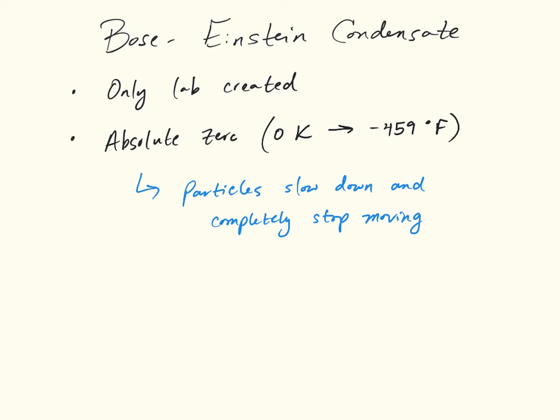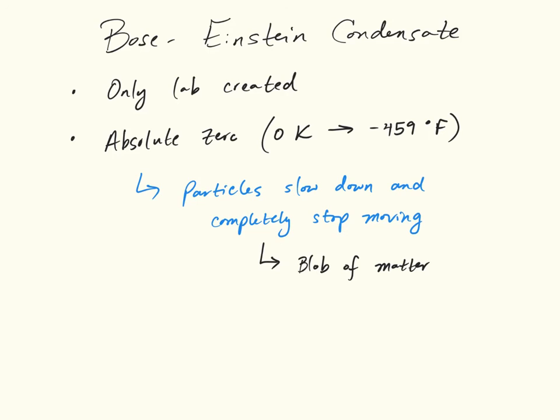Once those particles slow down and completely stop moving, we cannot differentiate one particle from another. So what the Bose-Einstein condensate is, is just kind of this big blob of matter. Once these particles slow down and stop moving, we cannot tell one particle from the next. They all kind of just mingle together.